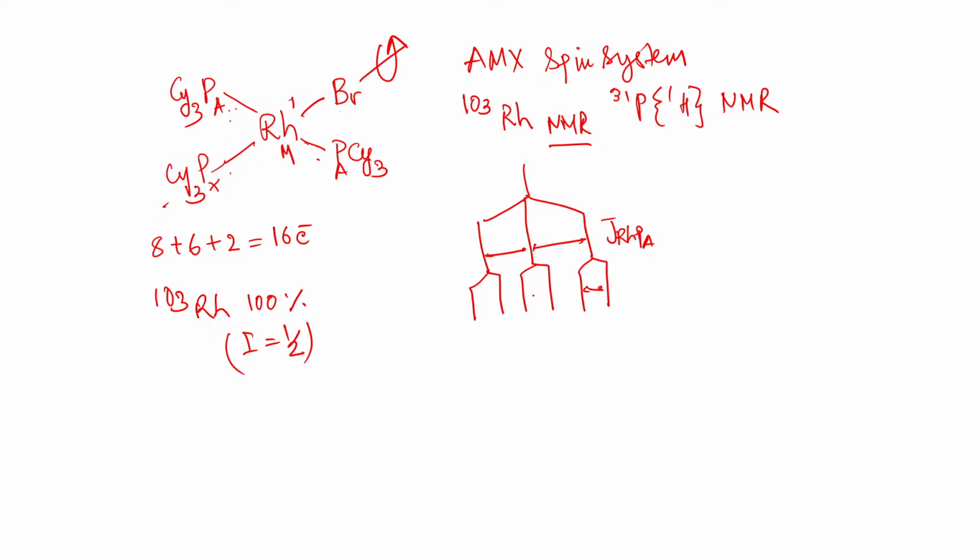Whatever is there, the space between these two lines, this is called rhodium PB coupling. Okay, all are 1J coupling. Now I have to sketch the spectrum, and you should remember this is 1:2:1. This intensity should be retained here.